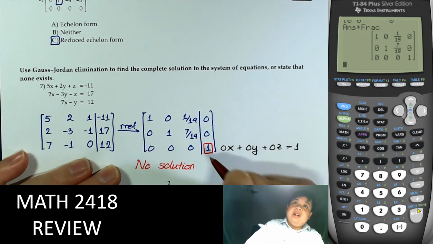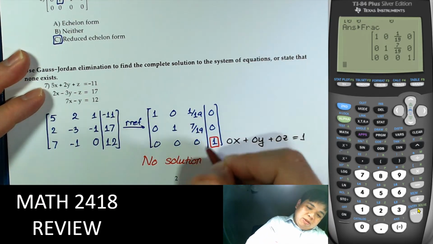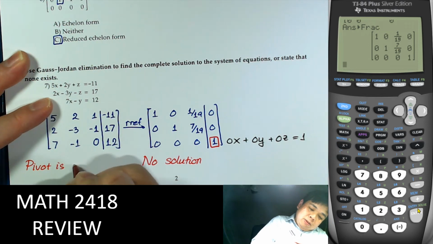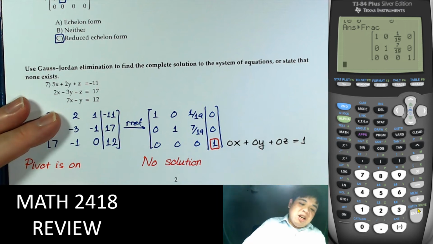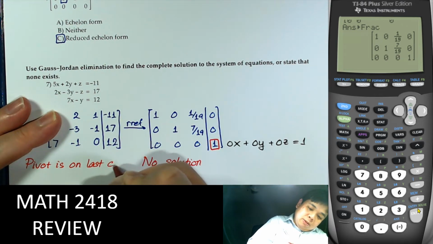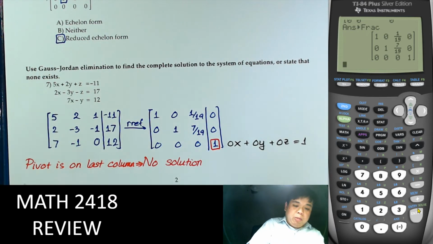We say pivot on the last column, sorry. Of course, when we say last, we go from left to right, and the rightmost is the last one. So if we have a pivot on the last column, that's no solution.